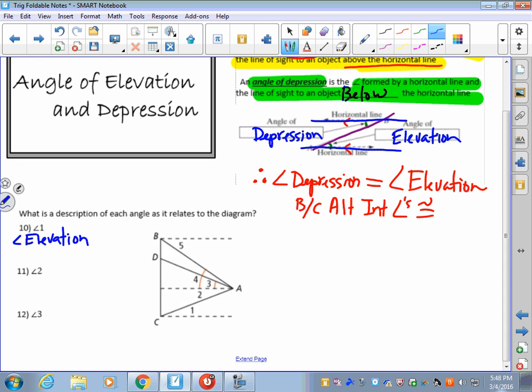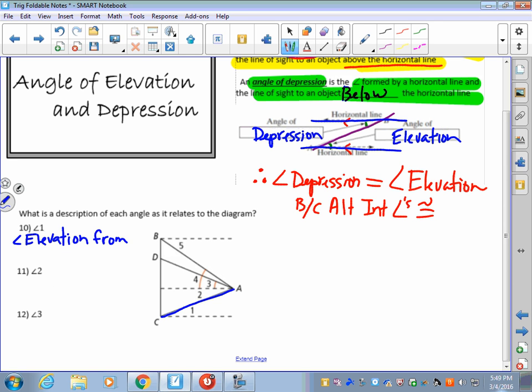But they want us to describe how the angle is related to the diagram. Angle 1 is an angle of elevation from, if I look, this line, A to C or C to A. I probably should have written that C to A. Let me do it that way. I don't want to confuse you.